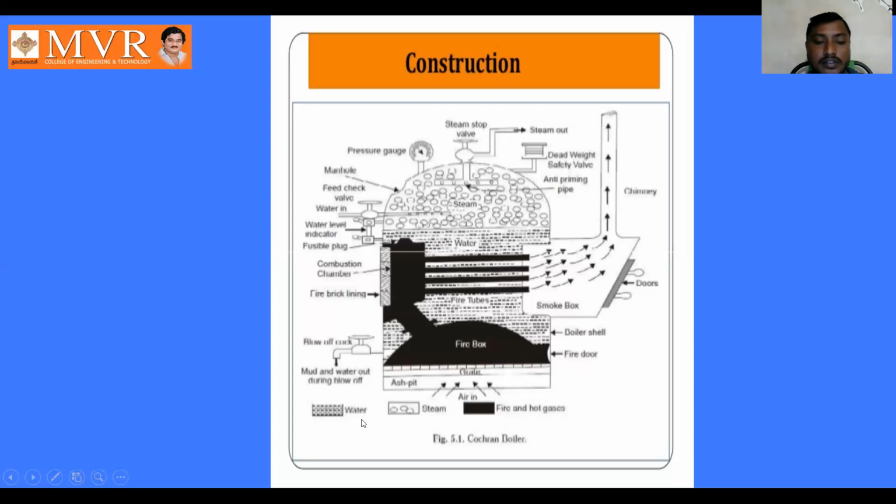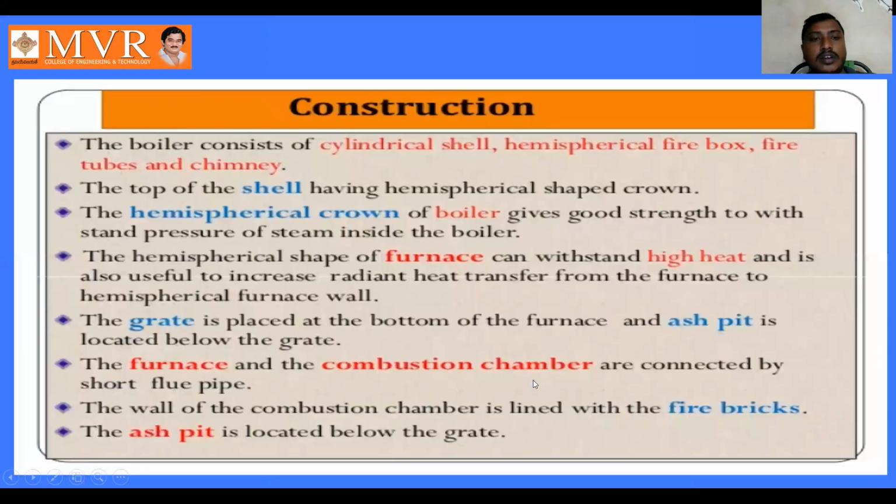See here, the symbol which shows here is the water, and the symbol which shows here is the steam, and how the air enters here, and fire and hot gases we can observe by using the construction of this Cochran boiler. See here the construction. The boiler consists of a cylindrical shell, hemispherical firebox.